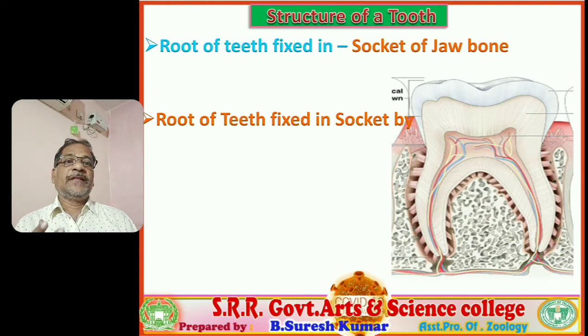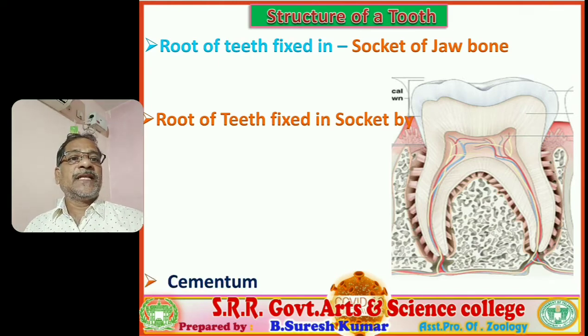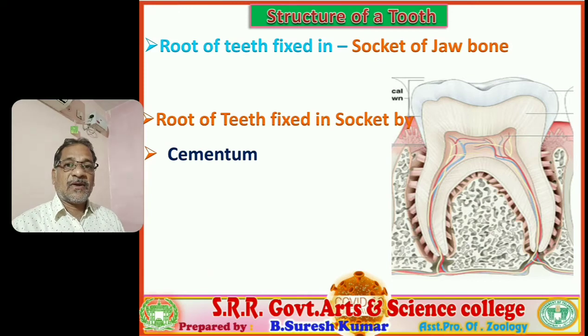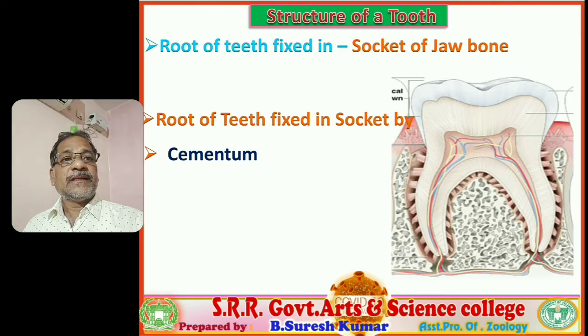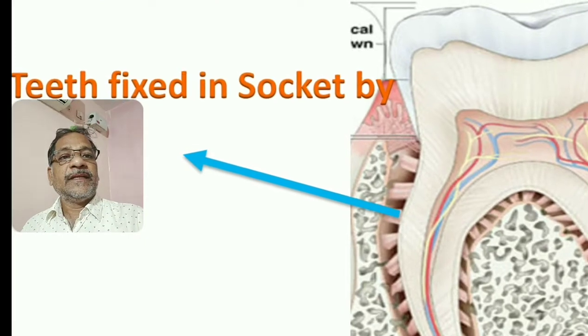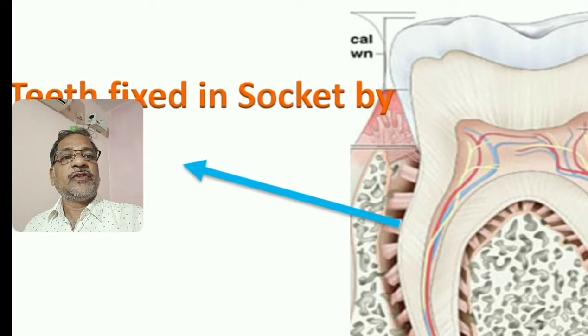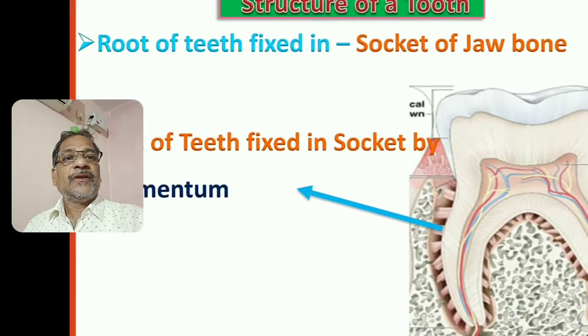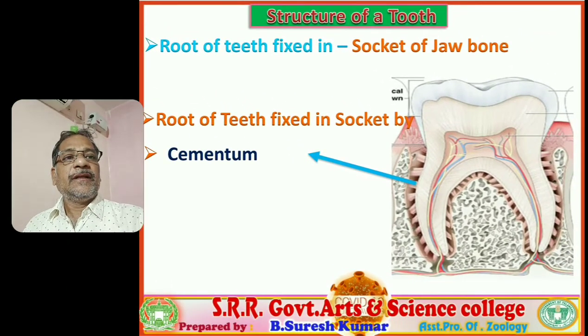The root of teeth is fixed in the socket of jawbone by a specialized substance that is called cementum. It's very important. Cementum fixes the teeth in the socket of jawbone. Remember the technical term cementum. You observe this visual, and this is cementum that fixes the teeth in socket of jawbone, the alveoli. Clear?